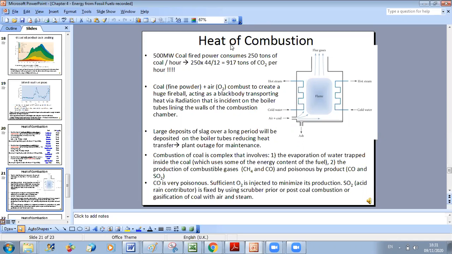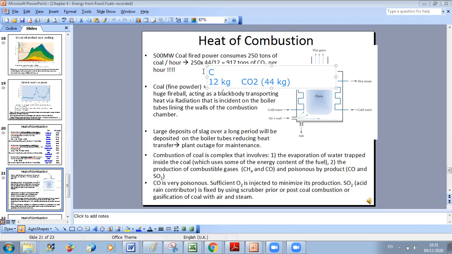Because if you have a certain amount of C, 1 kilomole of C corresponds to 12 kilograms. 1 kilomole of C burning coal will lead to 1 kilomole of CO2, and 1 kilomole of CO2 corresponds to a molar mass of 44 kilograms.